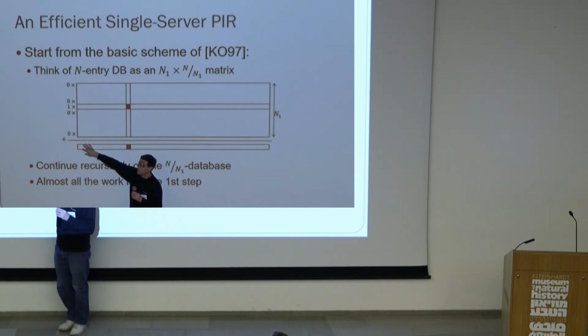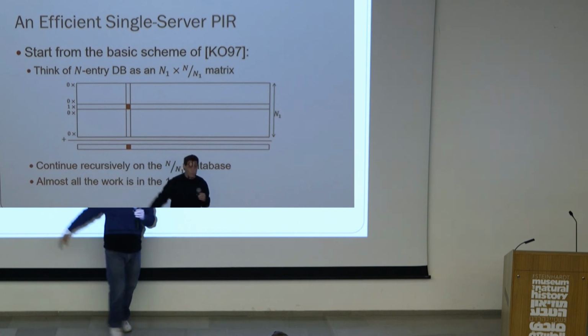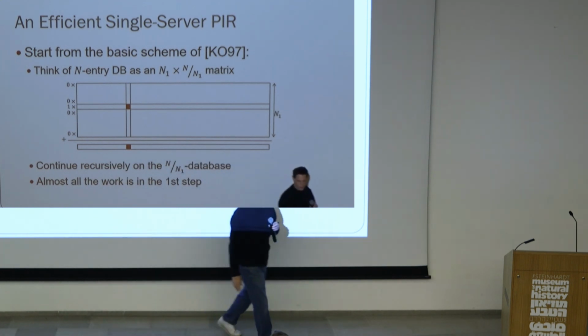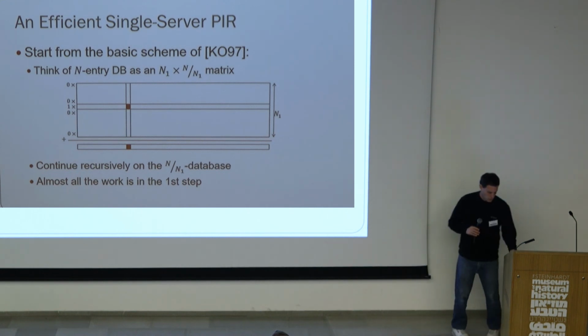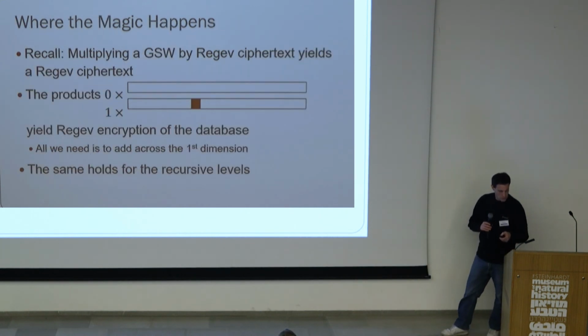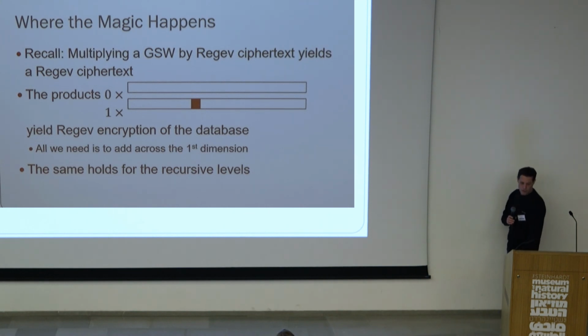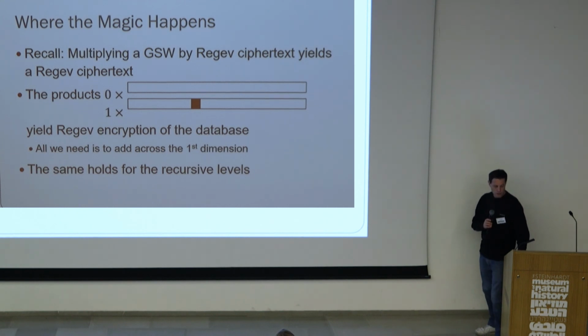After the first step, the database is smaller by a factor of n1. So what you do after that doesn't count all that much in an amortized sense. So that's it. This is where the magic happens. You multiply it. This yields a Regev encryption of the database that's compressed. And the same holds for the recursive levels.